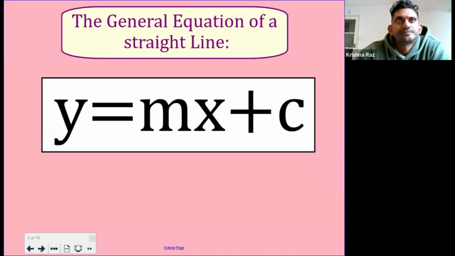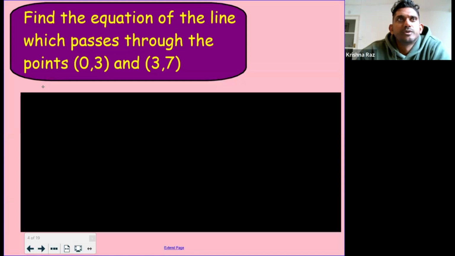So in this first example, we've been given the coordinates (0, 3) and (3, 7). So 0 is the x coordinate, 3 is the y, 3 here is the x, and 7 is the y.